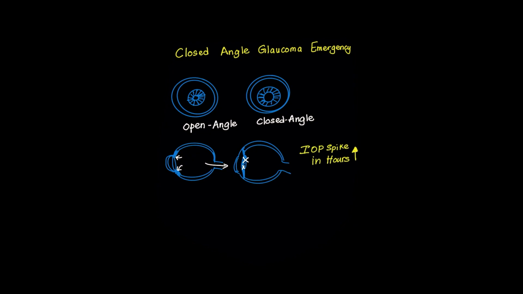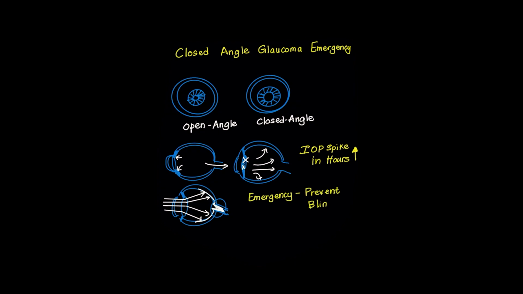This causes intraocular pressure to skyrocket within hours, not gradually like in open-angle glaucoma. The severe eye pain and halos around lights happen because the cornea swells from this pressure spike. Without immediate treatment to lower the pressure, the optic nerve gets crushed, causing permanent blindness. This is why closed-angle glaucoma is an ophthalmic emergency requiring immediate intervention.